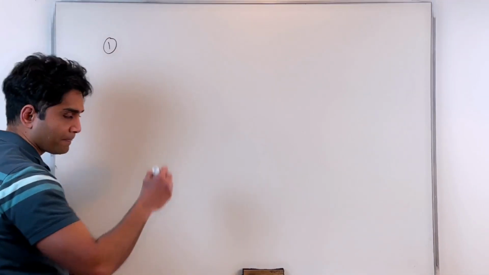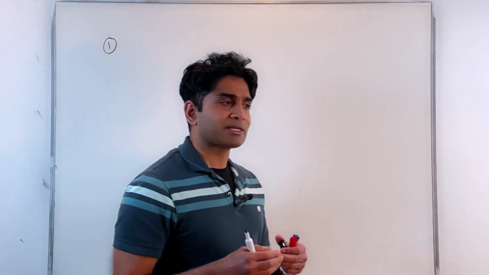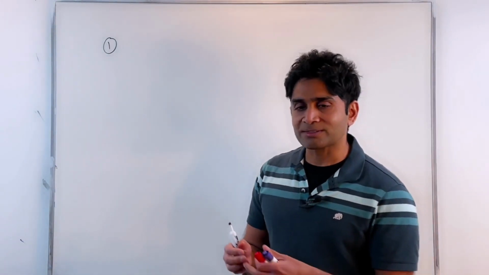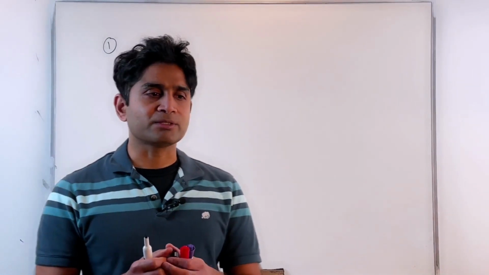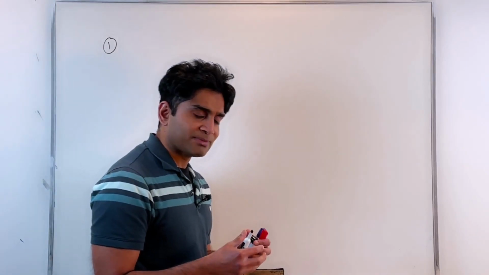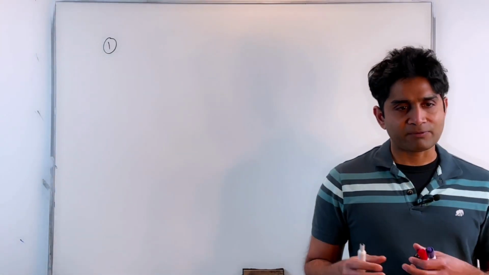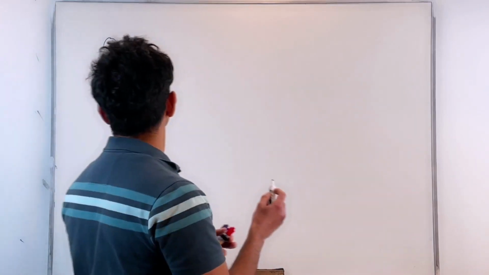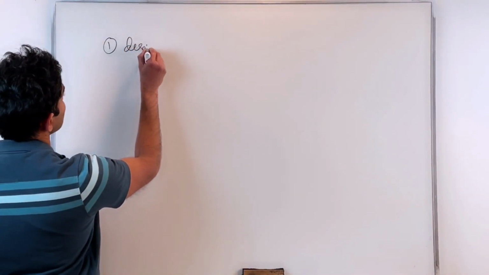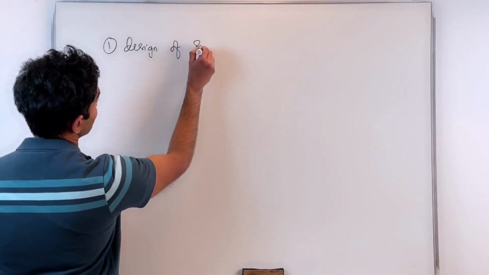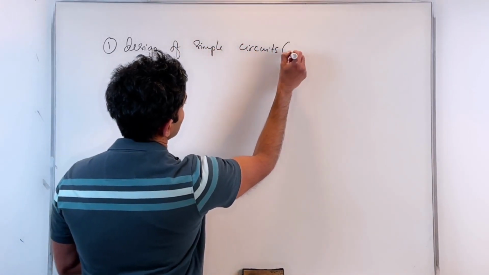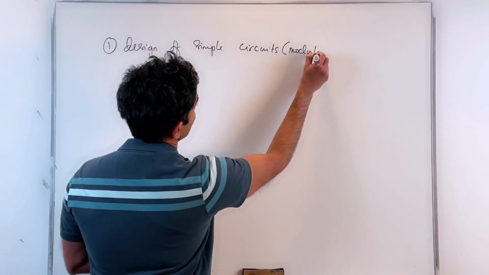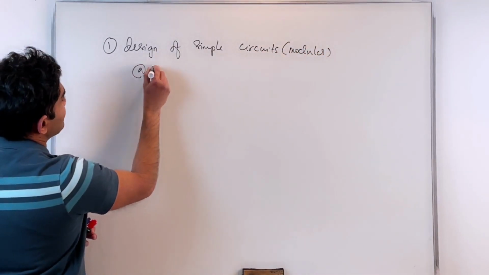What we have done in the initial step was we came up with techniques to design simple modules, small modules containing 4 inputs and so on. The simple modules can be designed at the fundamental gate level. Design of simple circuits or short modules at the fundamental gate level.